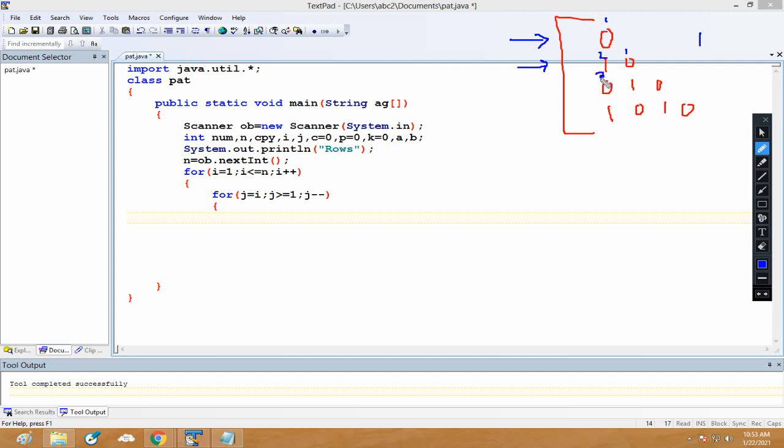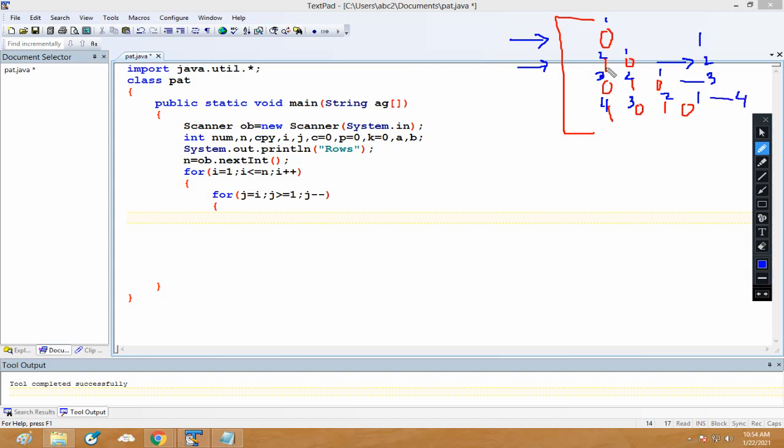Next time 3, 2, 1. So there is a combination of even and odd. Then 4, 3, 2, 1. So the printing happens 2 times here, 3 times here, and 4 times here.